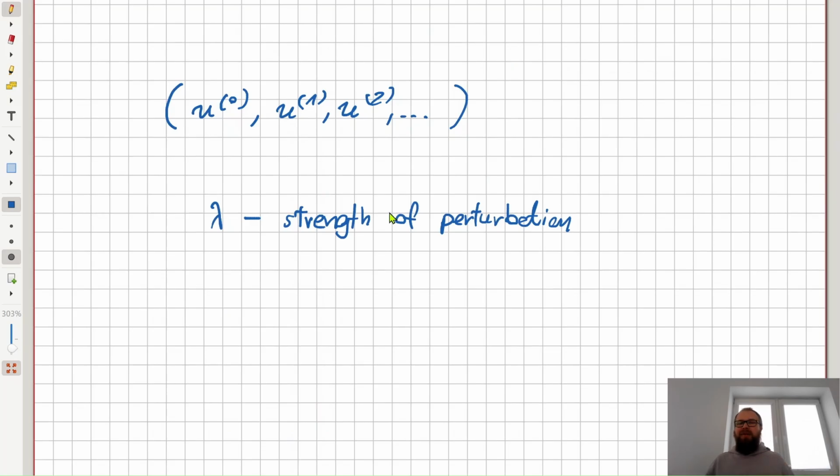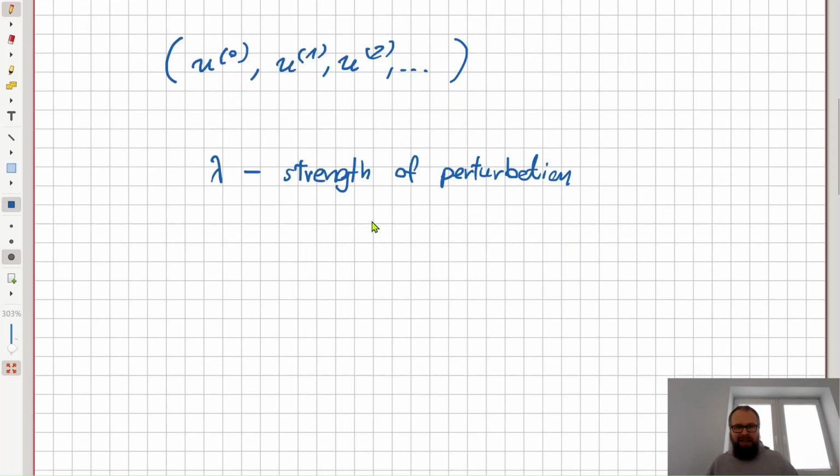The typical way mathematicians denote that the thing is of order k: there are a couple of standards. One is to say that u_k uses this kind of tilde, of lambda^k. The other way is to use the big O notation.